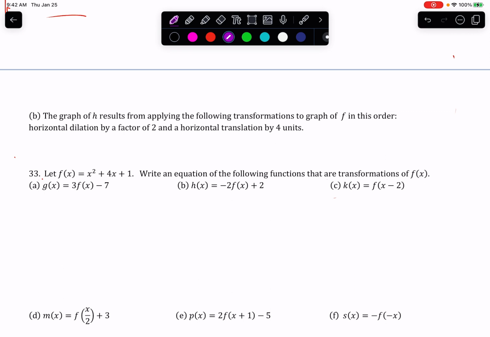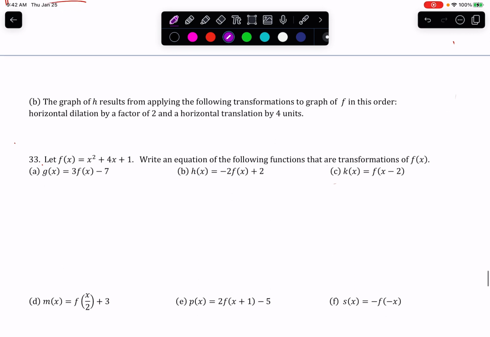So from the previous page, I'll write down here at the top that we had originally a vertical asymptote at x equals 5 and a horizontal asymptote at y equals -3.